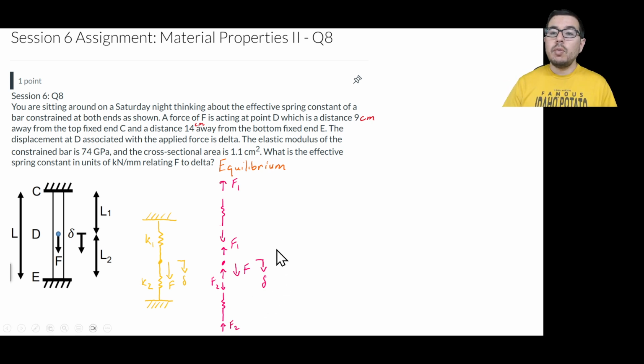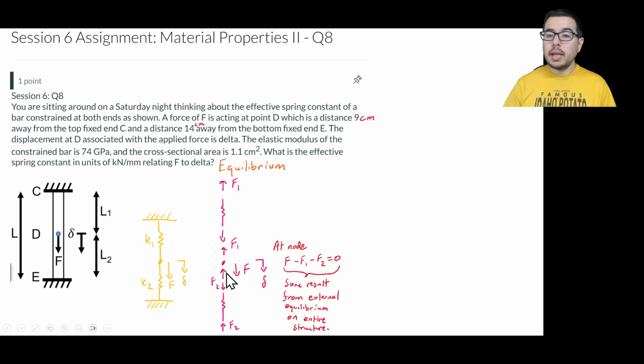Now, we can write that at this node we have an external force F minus F1 minus F2 equal to 0. That's the balance of forces at this node, just like you would do with method of nodes with trusses. This relationship might also seem a little silly because if we had just done the external equilibrium on the entire system, we would have gotten the same thing.